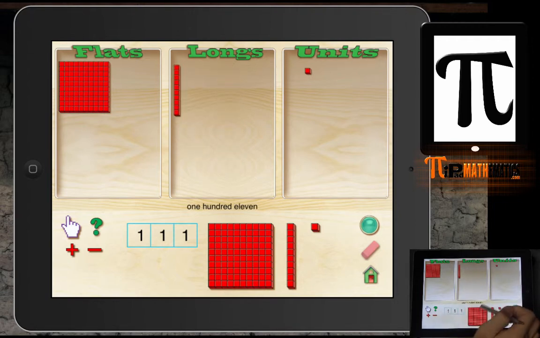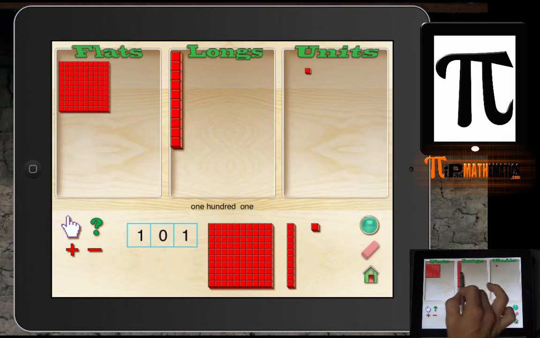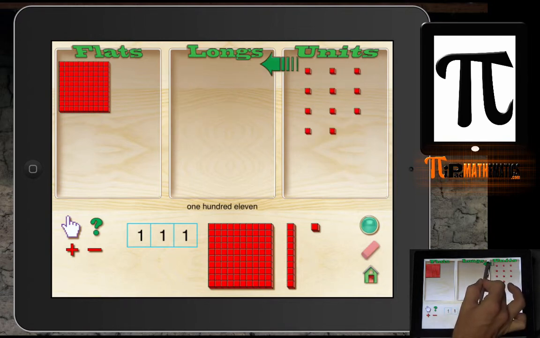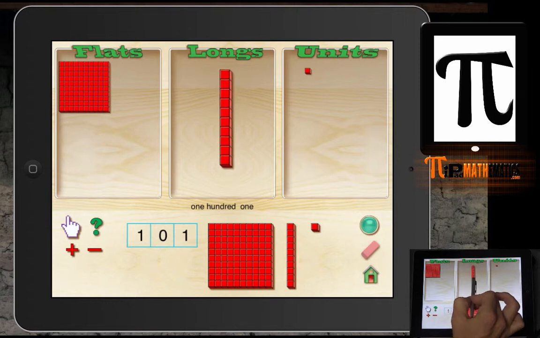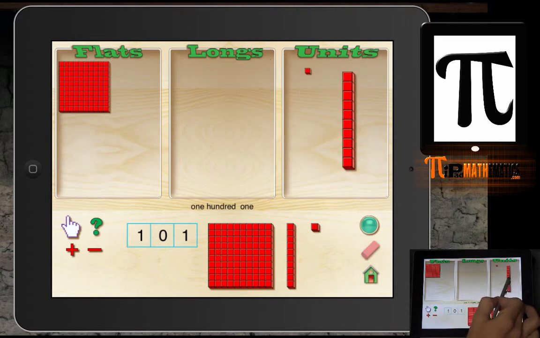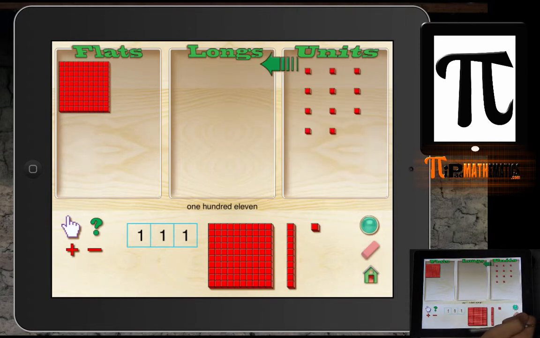And this concept is something that Liping Ma talks about in her book, about how in China the words they use for borrow and carry are compose a 10, which is our carrying concept, pressing the green arrow in this app, and decomposing a 10, which is taking a larger base 10 block and decomposing it into the smaller base 10 blocks. So this is a proportional model.